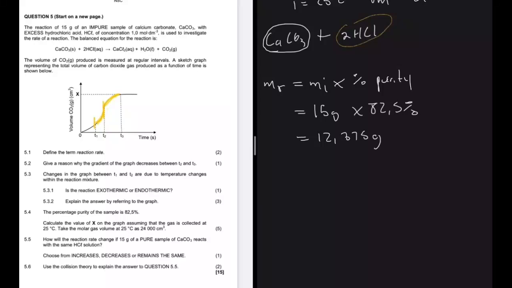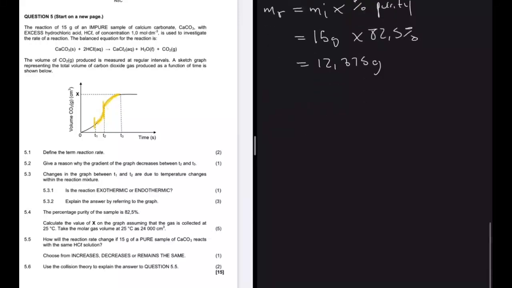And now I can convert this mass to the number of moles, and then from there I can find the number of moles of CO2 produced, which will let me find the volume, which is the X we are interested in. So we know that the number of moles equals the mass divided by the molar mass.